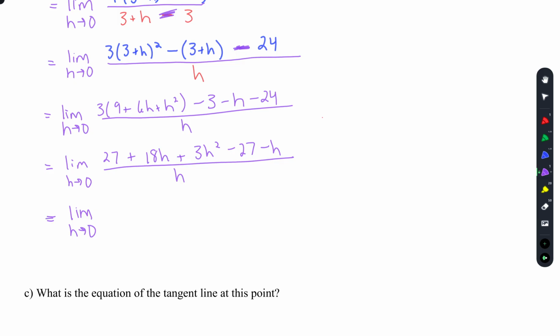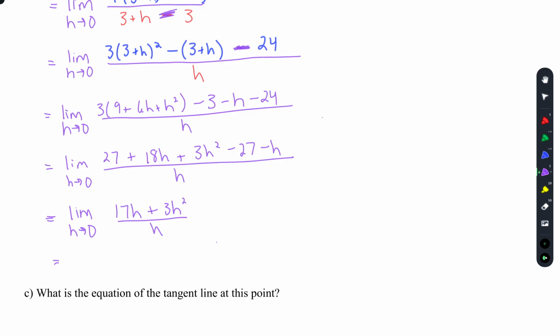Okay. Hey, the 27s are out. Yes. Do you guys talk to yourself like this? No? Maybe? 17h plus 3h squared all over h. Right? Am I getting this right? I'm not being dumb, right? I think so. Okay, yeah, I'm still good.